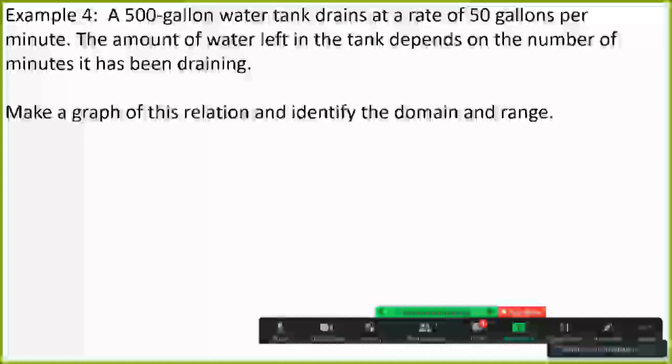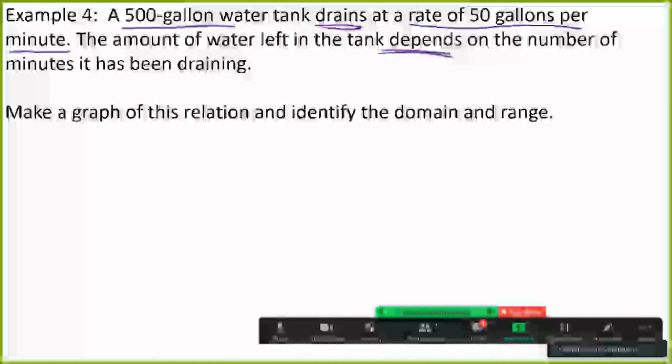A 500-gallon water tank drains. Seems important, 500 gallons, drains, that means gets smaller and smaller, right? It's at a rate of 50 gallons per minute. The amount of water left in the tank depends on the number of minutes it has been draining.